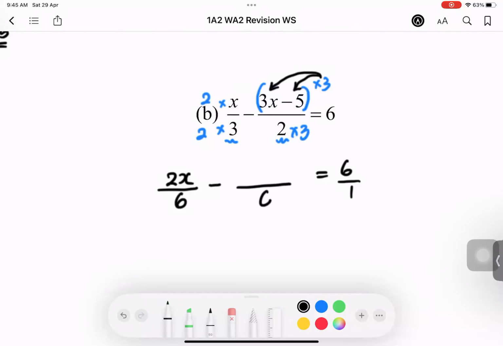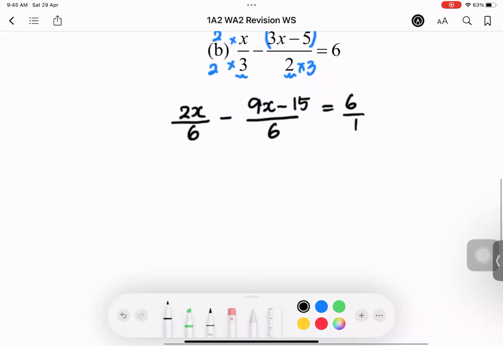Yinxing, can you give me the numerator? 9 minus 9 what? 15. 9x minus 15. Okay, correct. Thank you. Okay, then now this one is a subtraction sign.